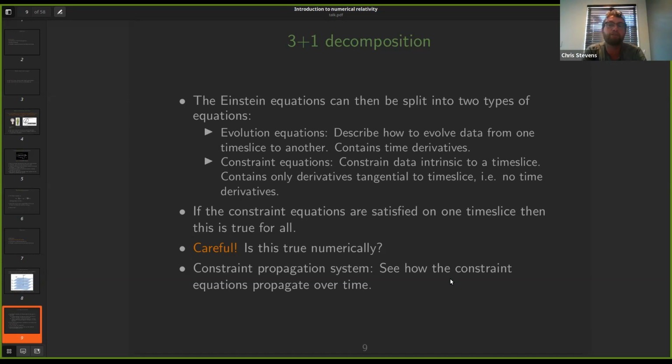So handling the constraints over time, and especially over long periods of time, is quite difficult. And that's one of the reasons why the first formulation that was implemented numerically, the ADM equations that we'll see soon, failed, because the constraints were not playing nicely over long periods.